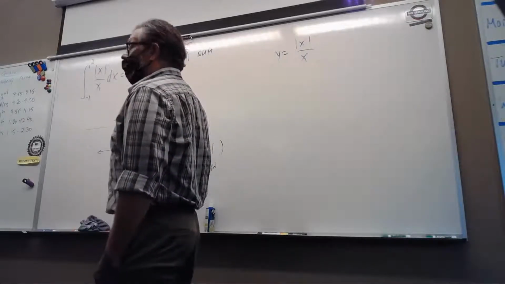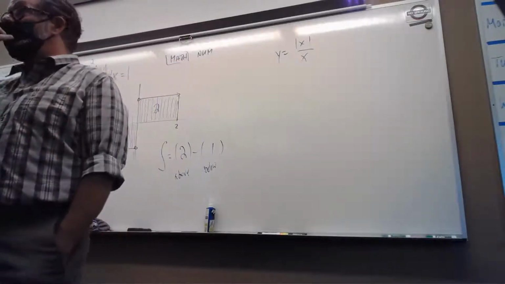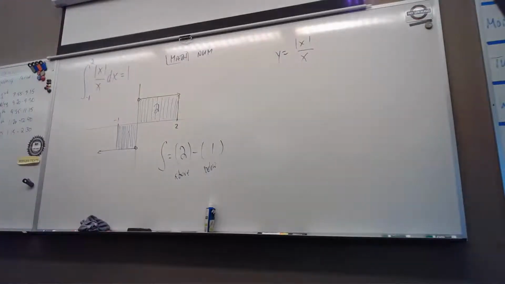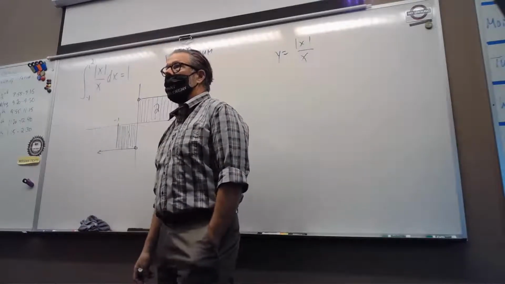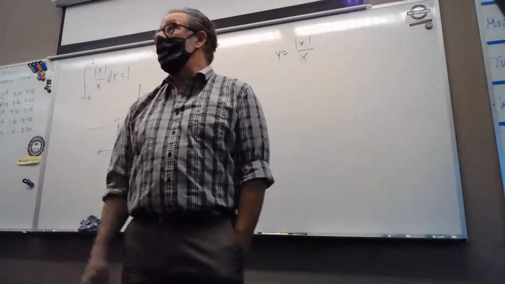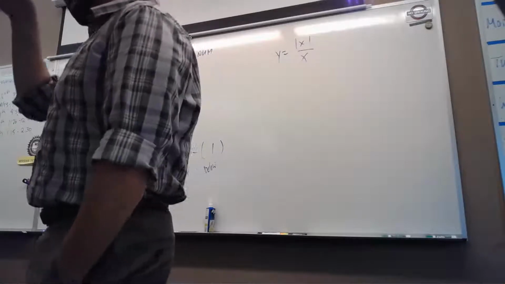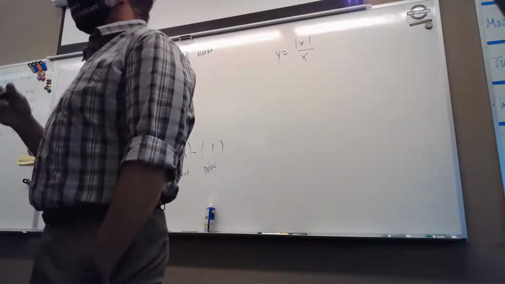But depending on the width of the rectangles, depending on how many rectangles your calculator decides to use, it's going to have to round off delta x because it's only got 9 memory registers. Or maybe 12, I forget. I think it's 9. I'm not 100% sure. It's going to have to round off something somewhere. We didn't have to round off because we know that that rectangle has an area 2 and that rectangle has an area 1. Your calculator has to round off because it's doing lots and lots of little rectangles. All right?